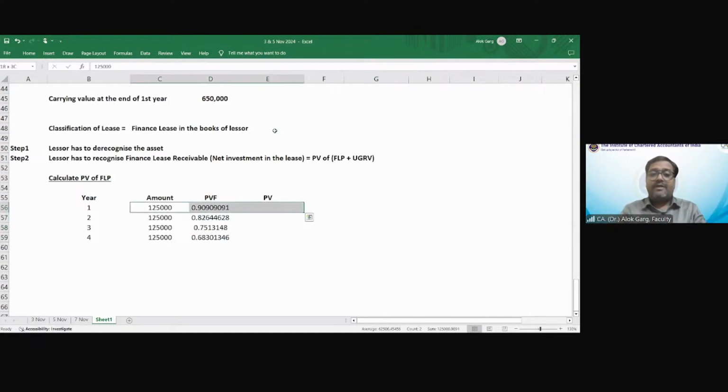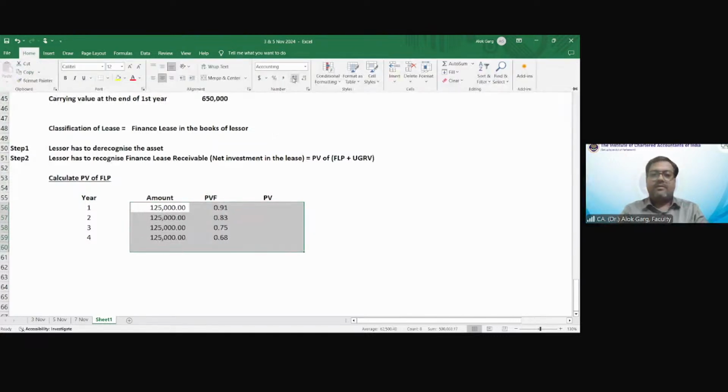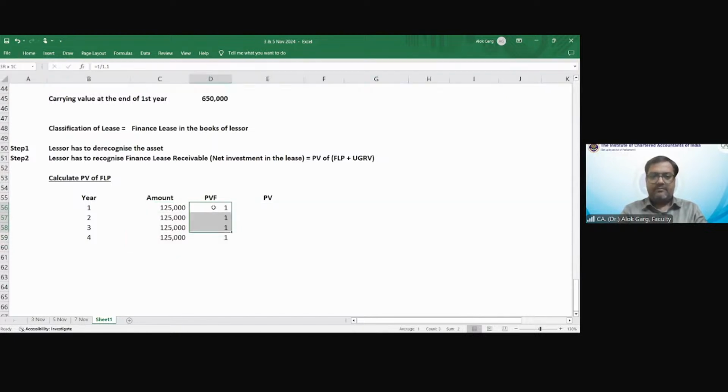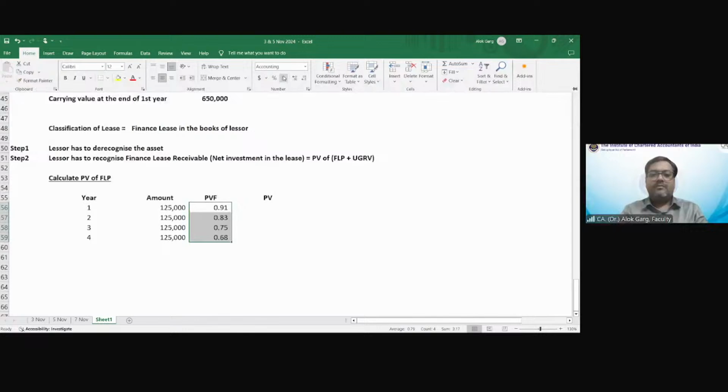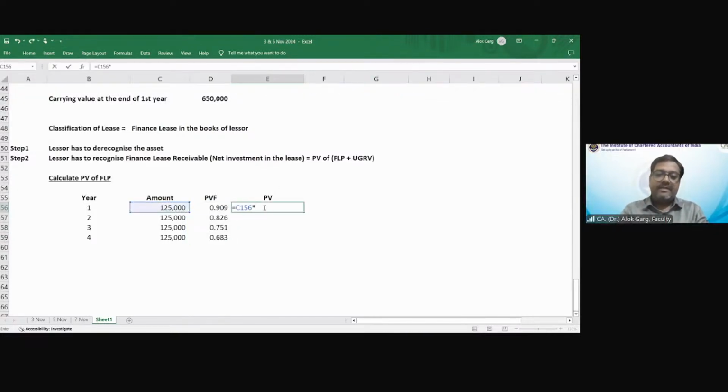This is my discount rate. What is my present value? This multiplied by this. Whether the calculation is over?